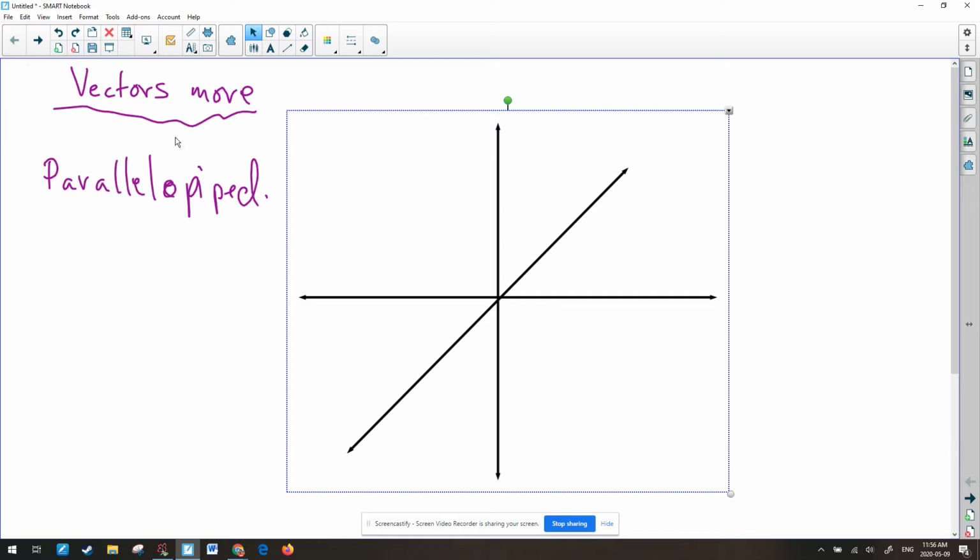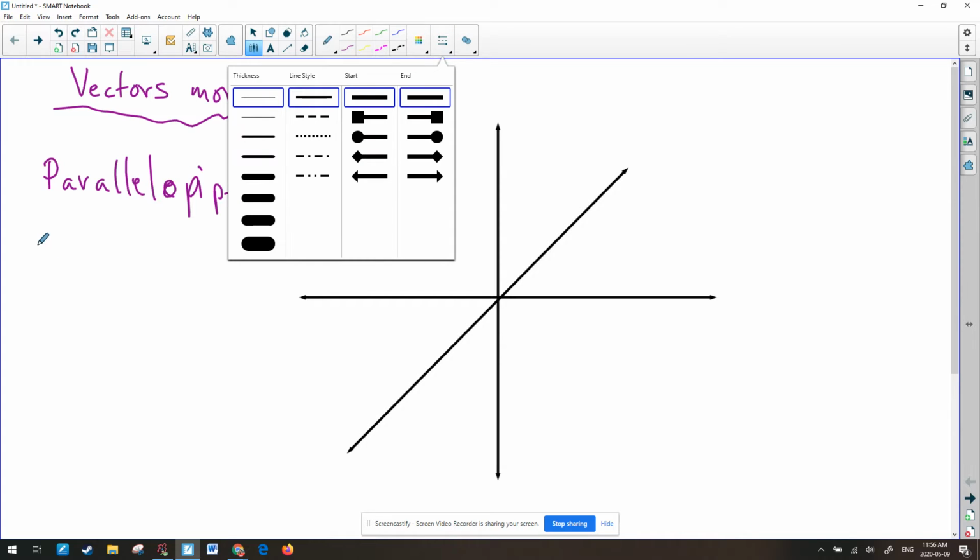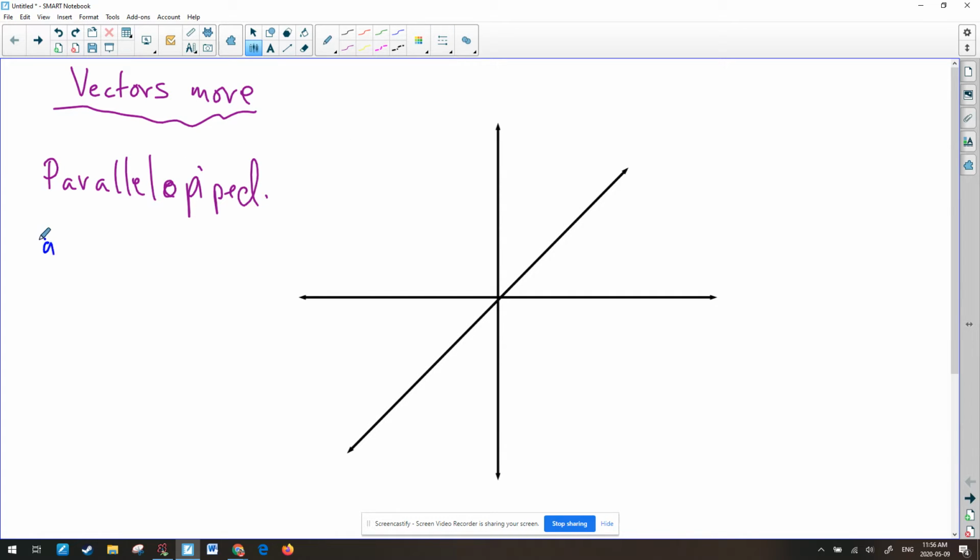So here we go. I'm going to define a parallelepiped according to 3 vectors. Imagine that we had vector A, and vector A was -2, 2, 5.